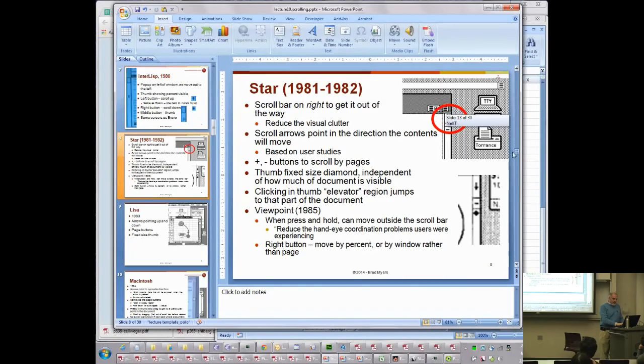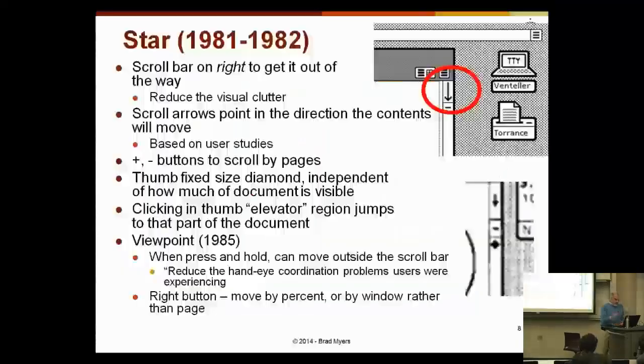If I press here and pull down, I can go outside and it still keeps going. But there's a range. If I go a little bit too far, the scroll bar disappears, which tells me it's going to abort and not follow me anymore. So it's quite a large area that's active for scrolling, but it's not the whole window. You can abort it by going far enough.